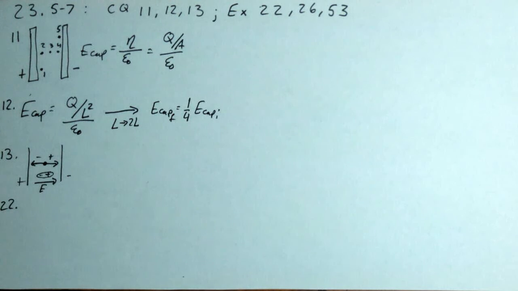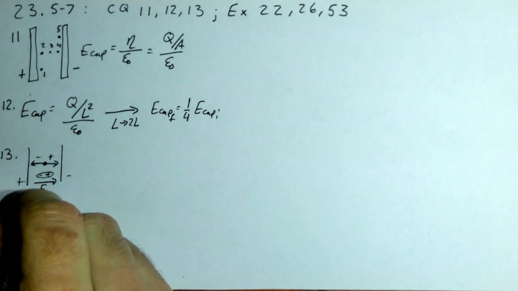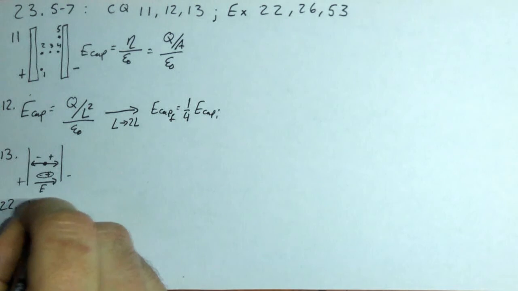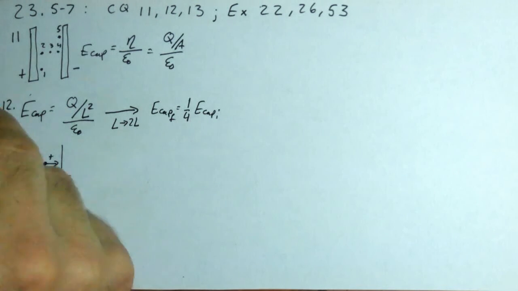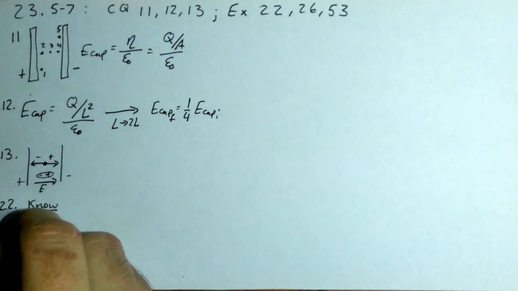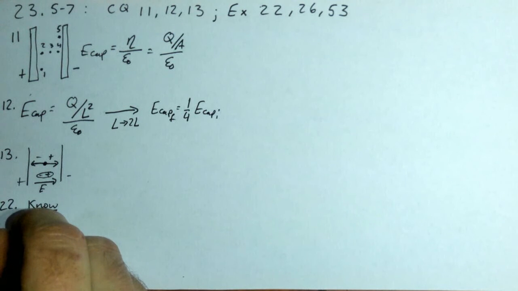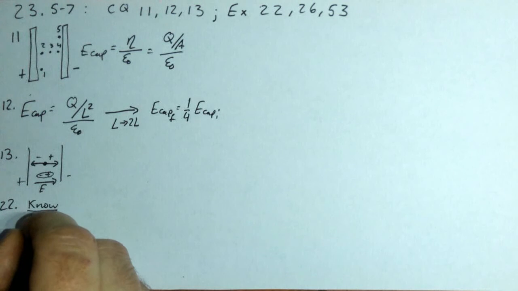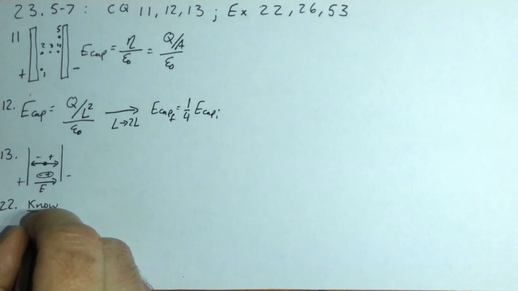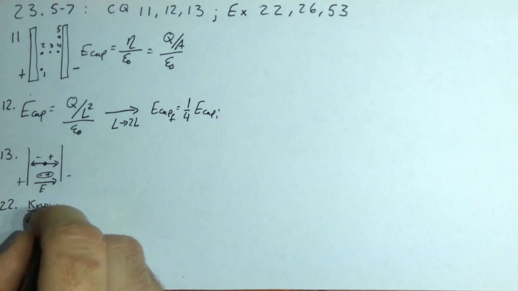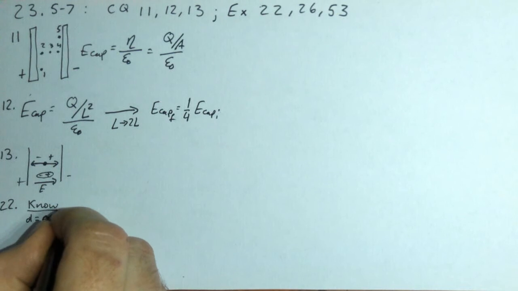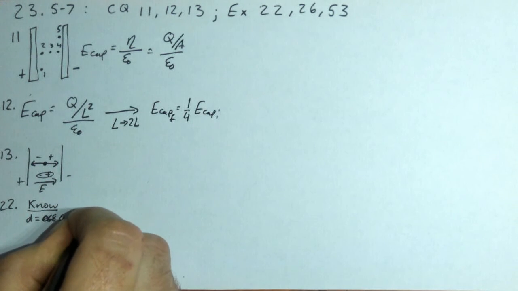Well, let's go ahead and list some knowns here. Okay, we've got a good picture of what a capacitor looks like. It's got plates, areas, and charge. So we're going to say that the gap between them is 0.5 millimeters, or sorry, you can write it in meters, 0.0005 meters.